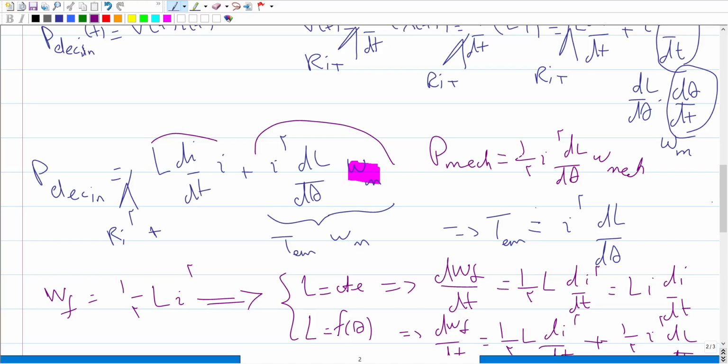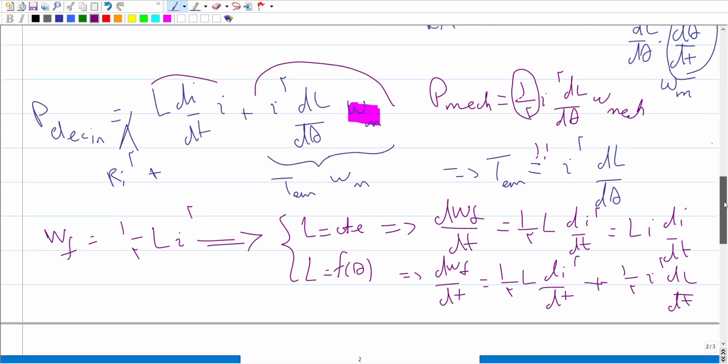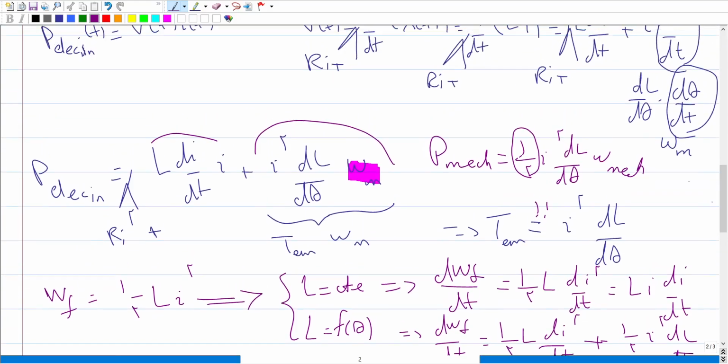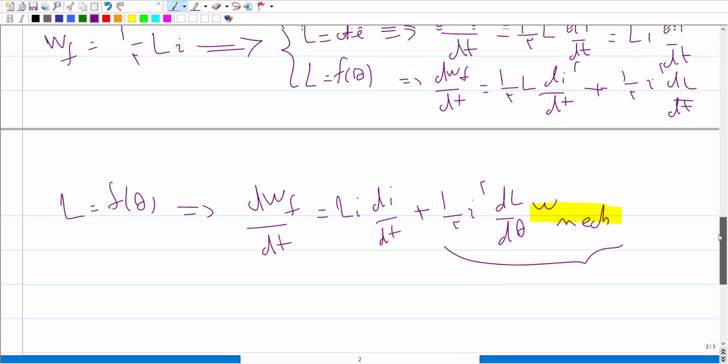The earlier result is incorrect. So the correct derivation takes into account that there can be terms having omega mechanical as a coefficient but not assigned to mechanical power. Here I have detailed the derivation.